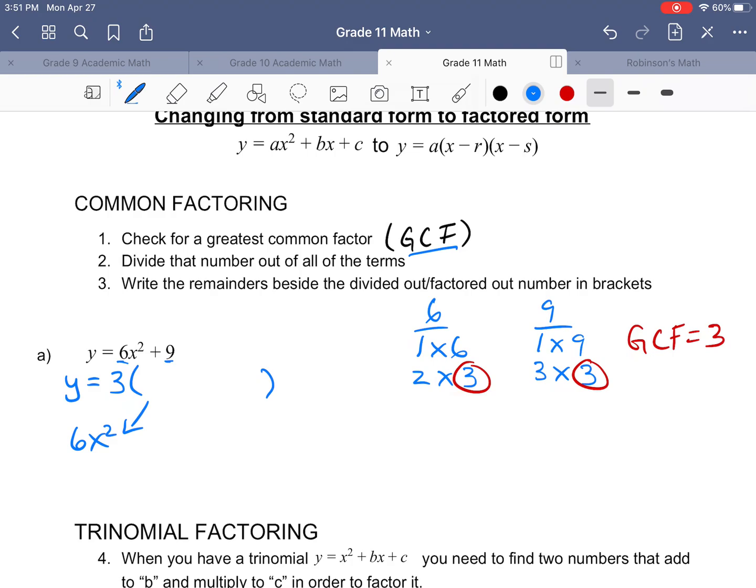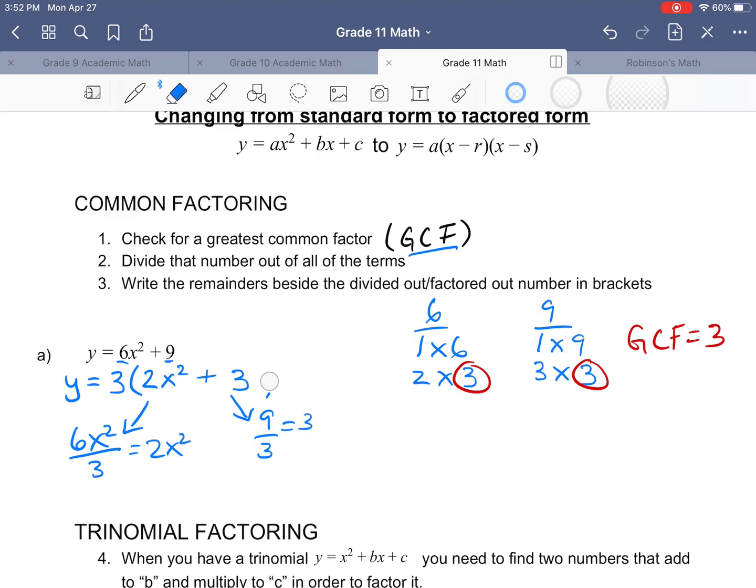Okay, so 6x squared divided by 3, that's going to give us 2x squared. So right at the front of the brackets here, we're going to write 2x squared. Now for our next term, which is positive 9, we are going to divide that by 3, and that gives us 3. So our second term in the brackets is going to be plus 3.